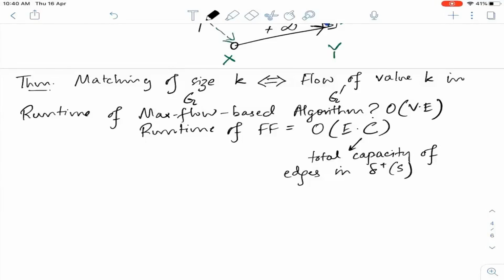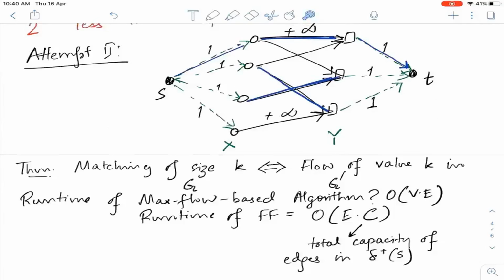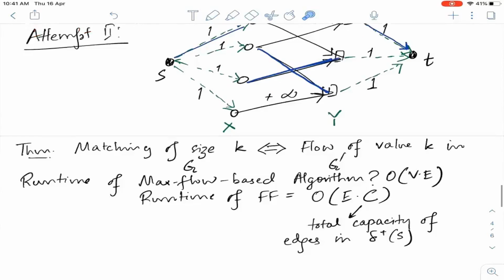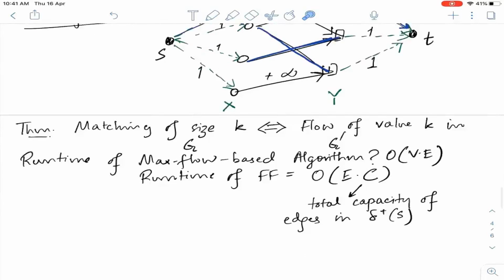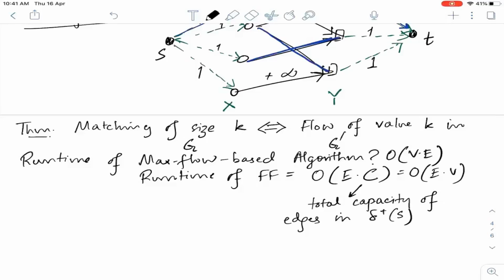Now, if you look at this setting, then what is C here? Well, the total capacity that is going out of S is equal to the total number of vertices on each side. So you can simply replace C with n, or mod of V. So this is equal to order E times V. Okay. So this is not too bad. So this is like number of vertices times number of edges, which is okay, reasonable.